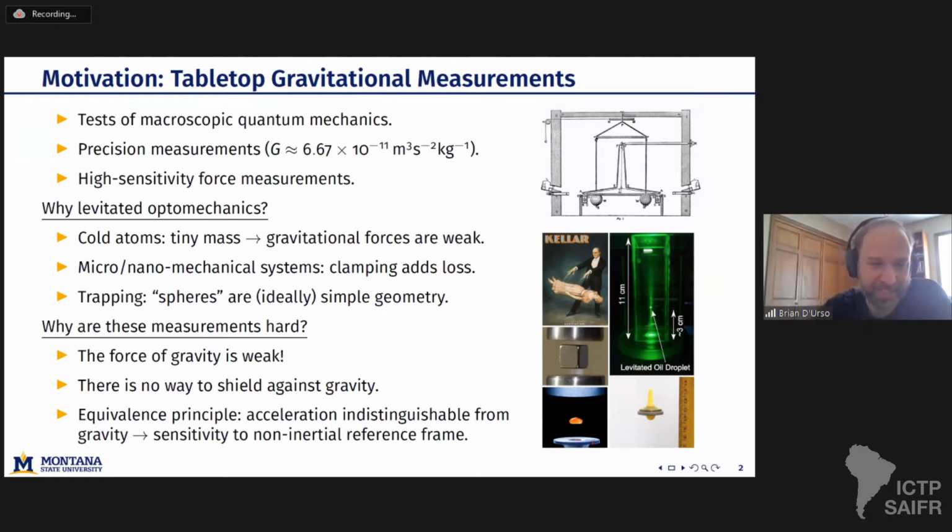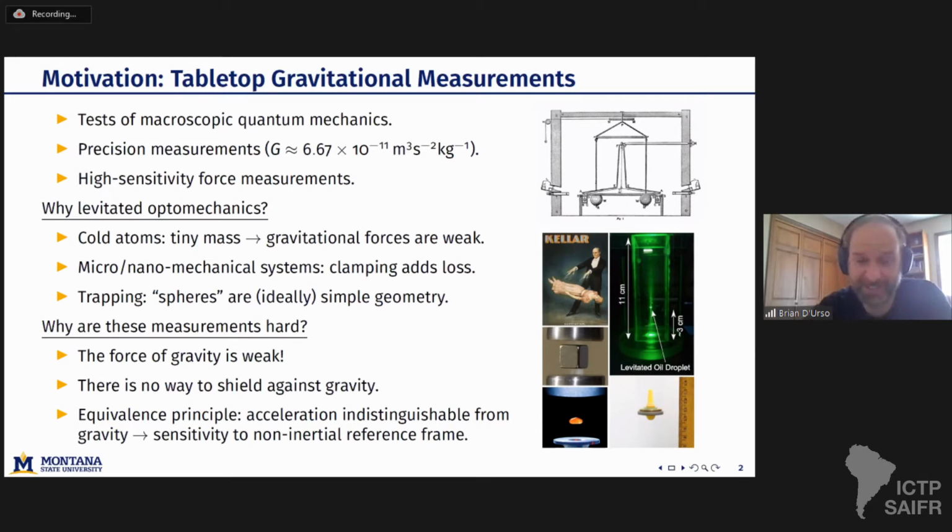So what's hard about this? Well, the force of gravity is, of course, very weak. It's particularly weak on small particles. There's no way to shield against gravity, so that means that we have to worry about things like, in my case, undergraduates getting out of the lecture hall across the hall from my lab and walking through the hallway, and what effect their gravitational attraction has on our experiments as they walk by.